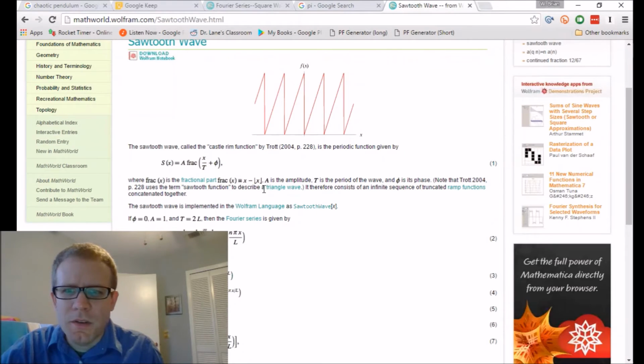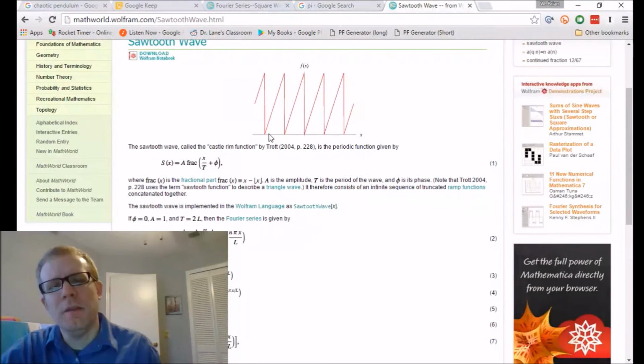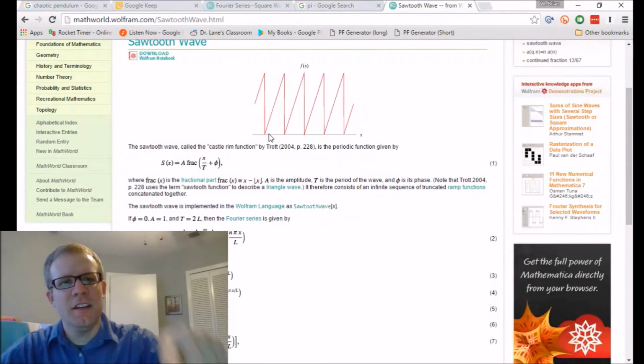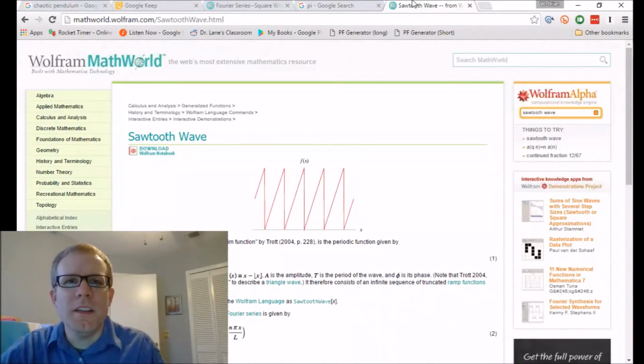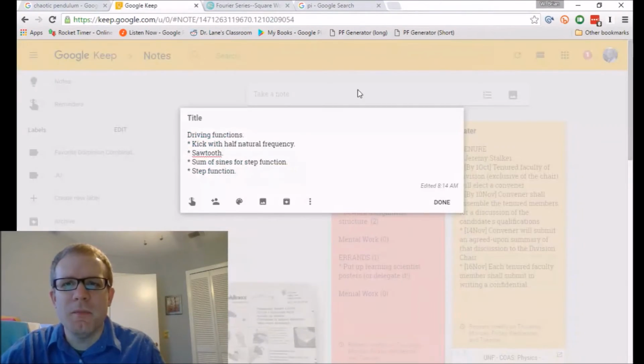A is the amplitude. Oh, that's not even what I wanted anyway. I wanted it to be going like this, up and down. Okay. Well, I tell you what, let's not worry about that one because that's going to be more or less the same type of thing.